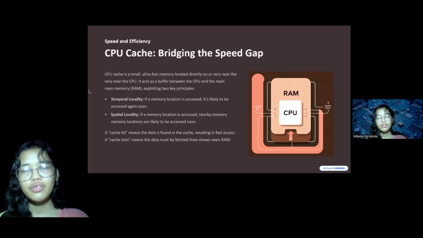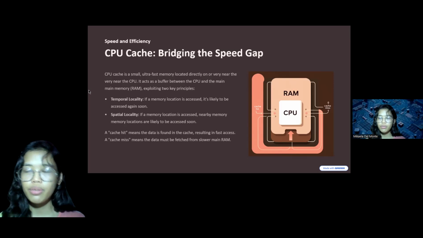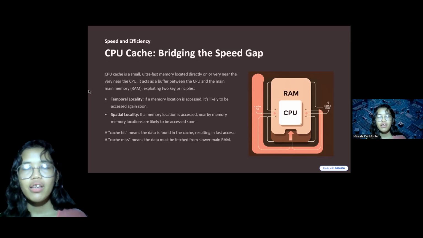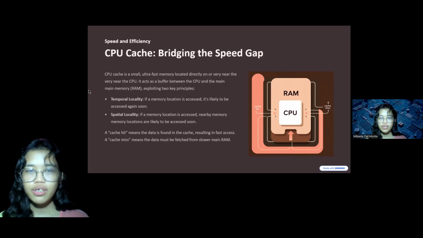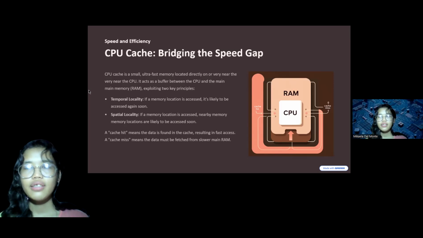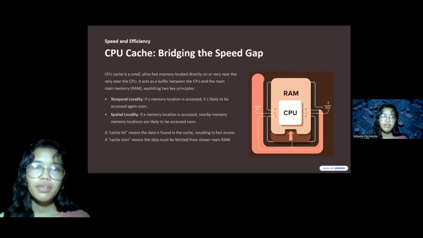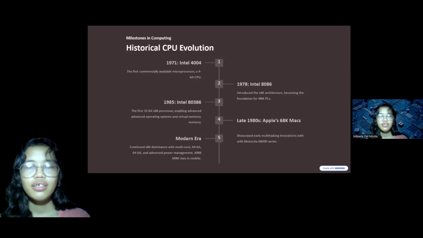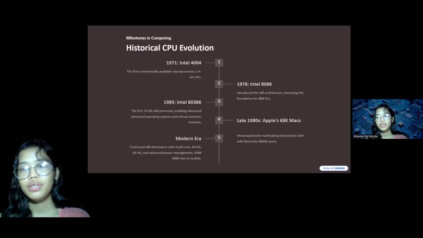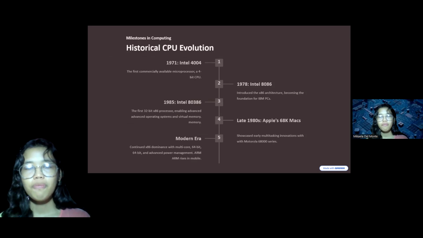Basically, cache stores frequently used data closest to the CPU so it can be accessed more easily. Understanding CPU evolution helps contextualize these improvements and of course the CPU architecture. Summary: we already tackled that.